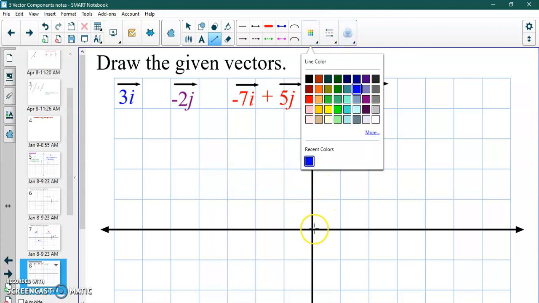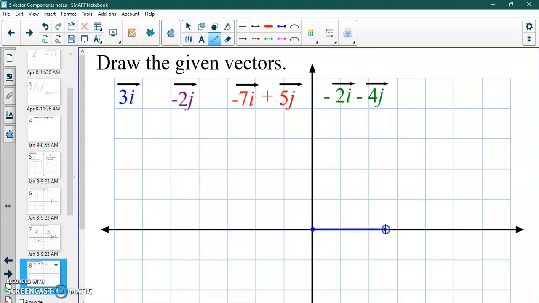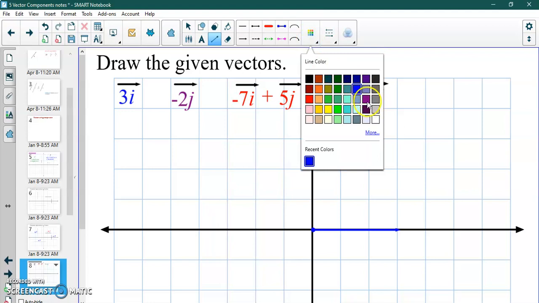These other two that we've got have both. This one is just 3i, so we're just going straight to the right, magnitude of 3. Okay, so that's 3i there. Negative 2j, since that's just j, we're just going to go down 2, so that would be represented right here.